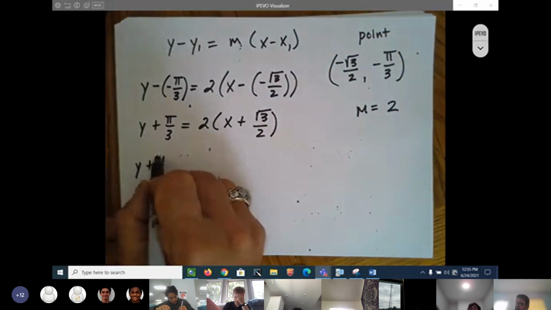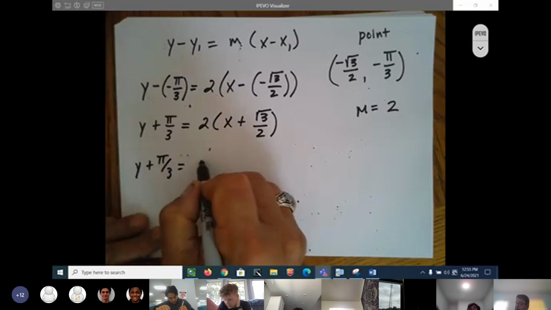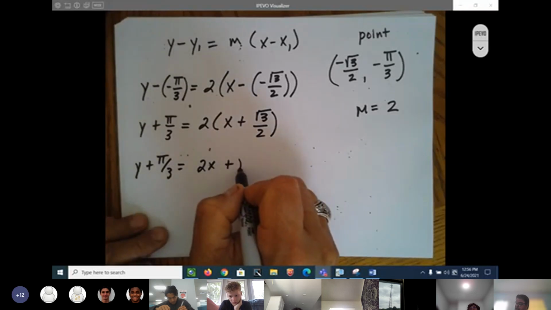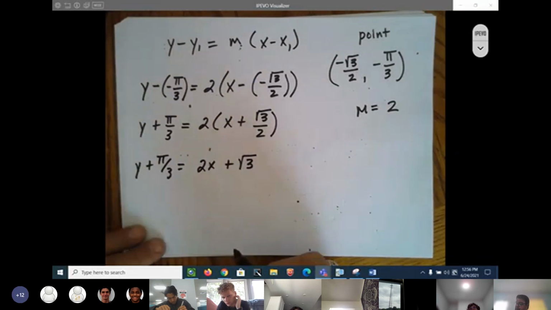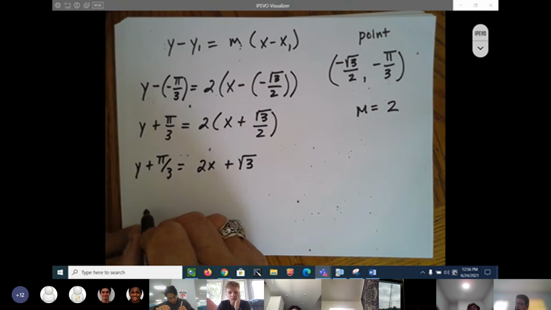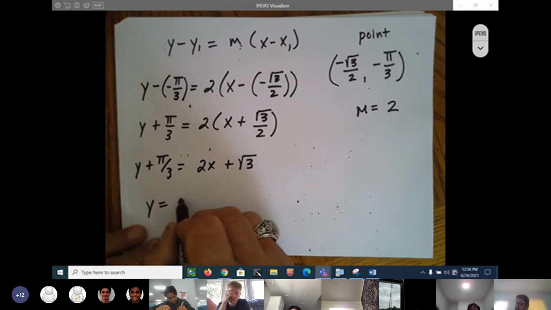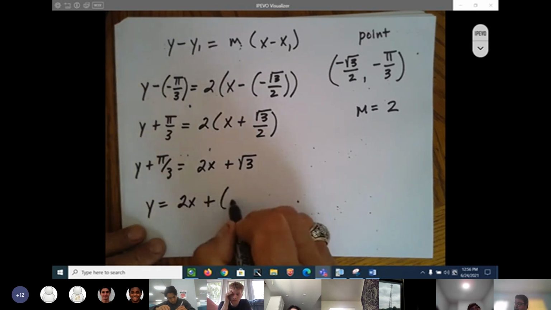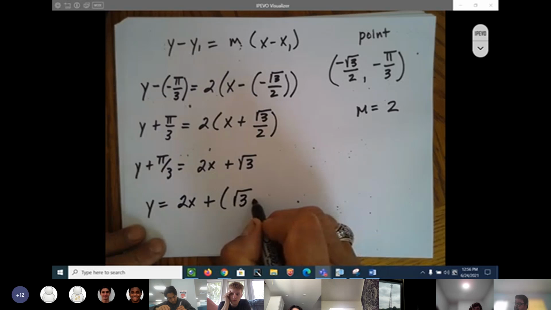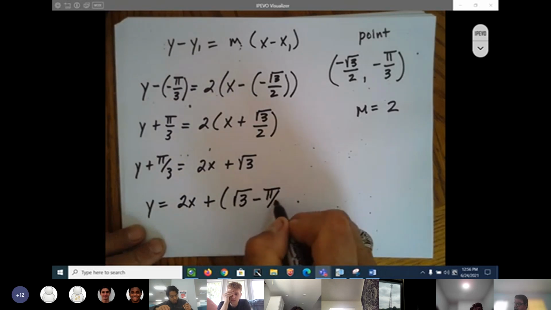Y plus pi over 3 equal to 2x plus square root of 3. Y is equal to 2x plus square root of 3 minus pi over 3.